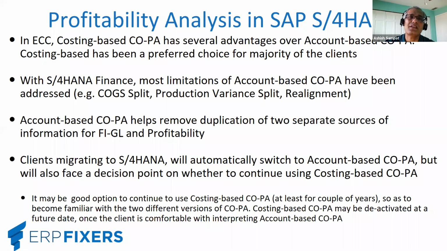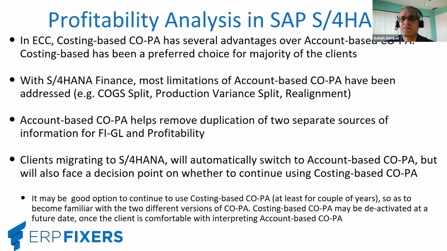Many clients have said that, okay, I will do a cold turkey from day one and not give costing based COPA. That is an option. Yet another option is to activate costing based COPA also, use it for maybe, let's say 2-3 years, so that you are understanding the need, understanding the way the data flows. And then finally, when you are comfortable with account based COPA, think about deactivating at a future date.